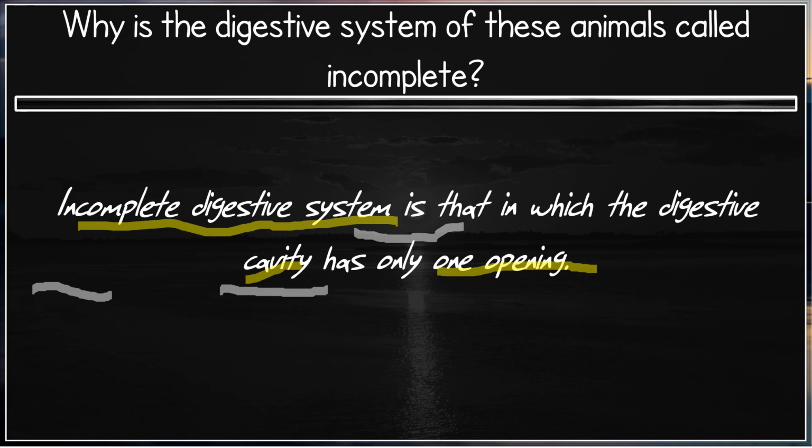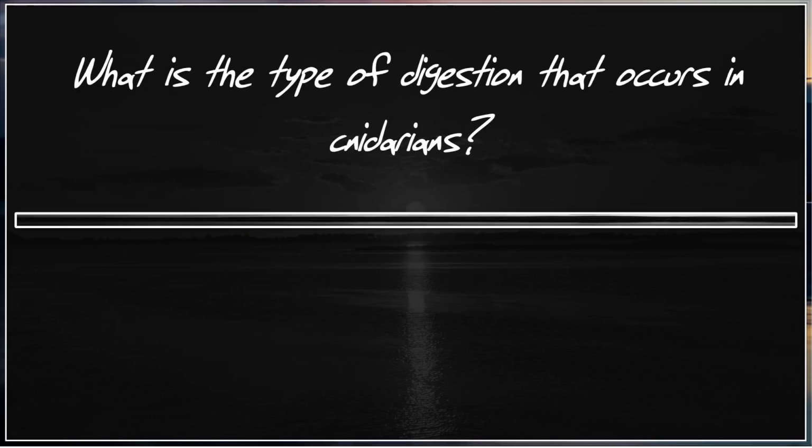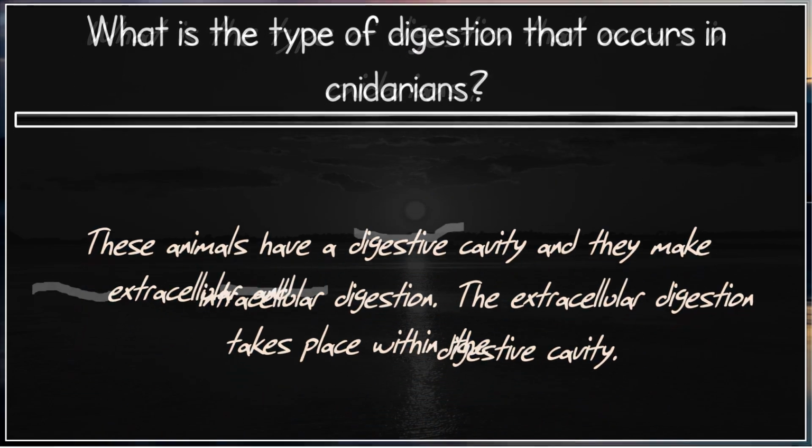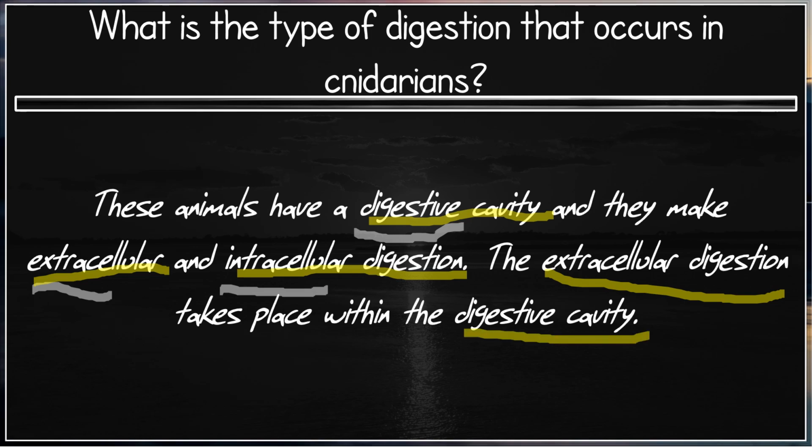What is the type of digestion that occurs in cnidarians? These animals have a digestive cavity and they make extracellular and intracellular digestion. The extracellular digestion takes place within the digestive cavity.